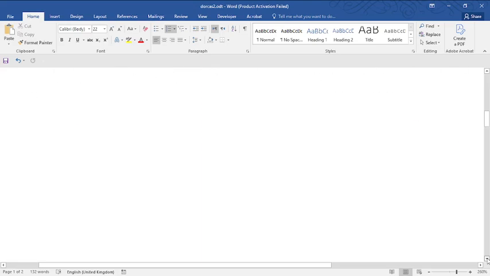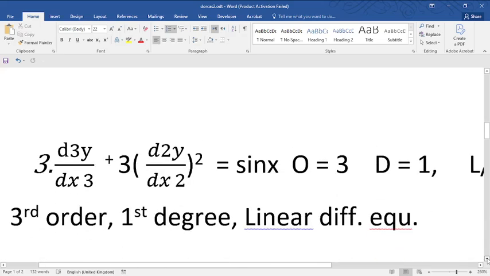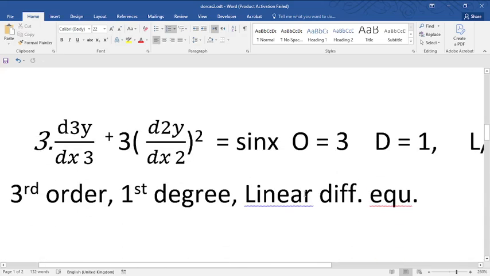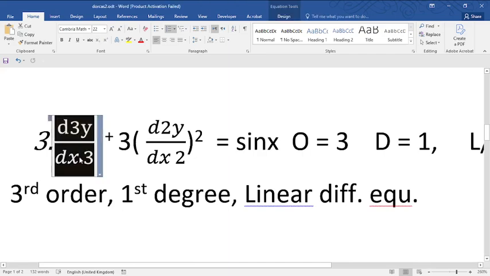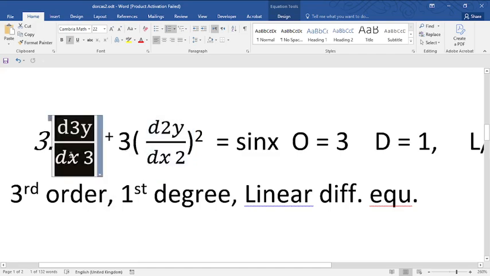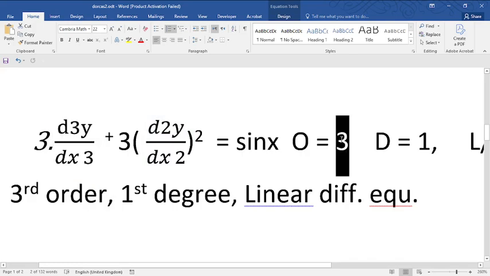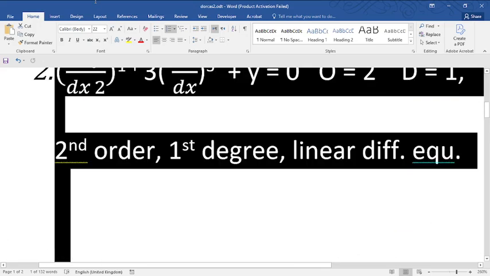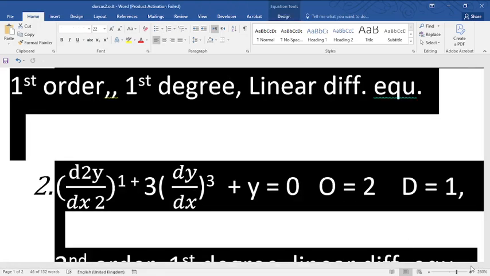So for the third one, you are given this question. You could see that they differentiated this one 3 times, and this one 2 times. This is going to be the highest differential coefficient, so we took our order to be equal to 3, and then this highest differential coefficient is raised to power what?